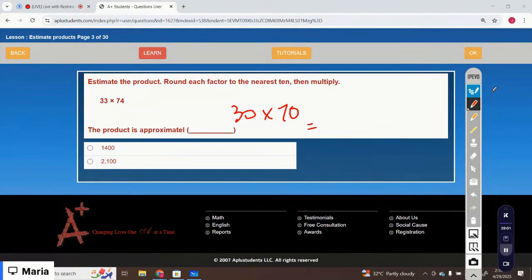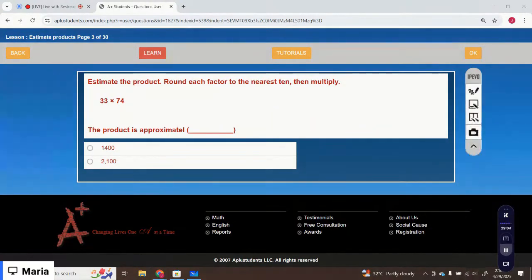Seven times three is 21. So that is 2100. Option number two is the correct option.